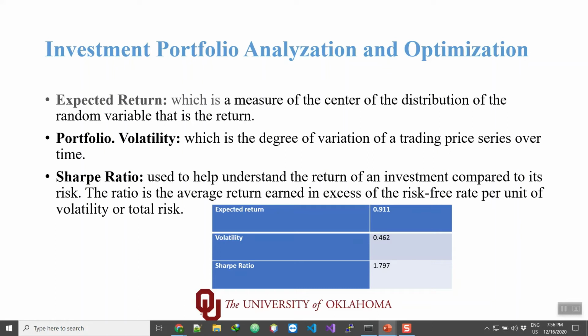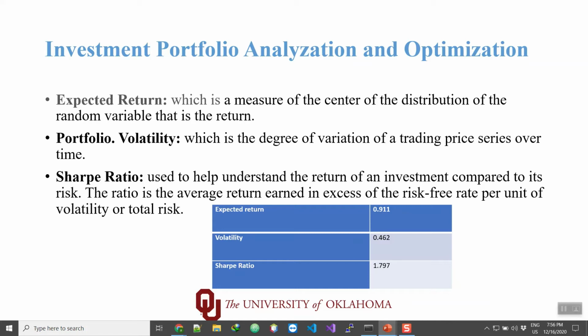First, I'm going to start with some analysis and terminology. First, the expected return. It's a measure of the center of the distribution of the random variable, which is the return, basically how much return we're expecting in percentage, like here we can see 0.9, which is 91%.